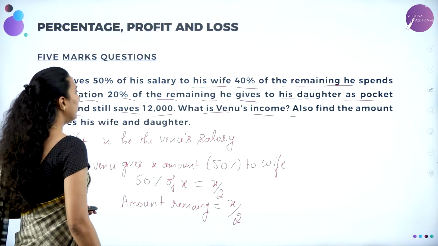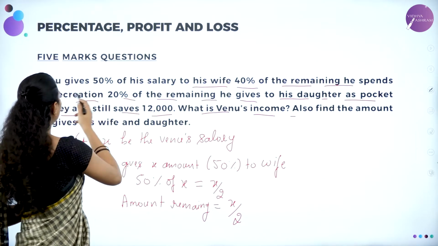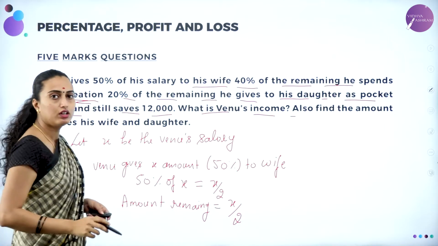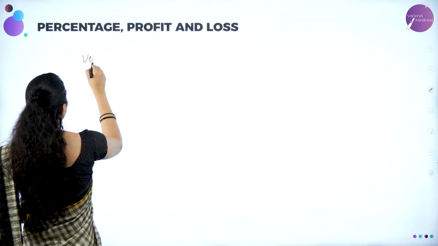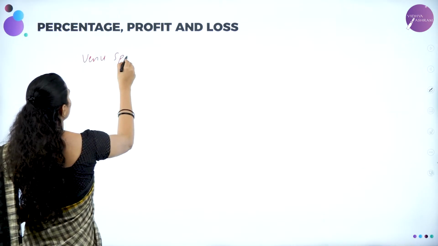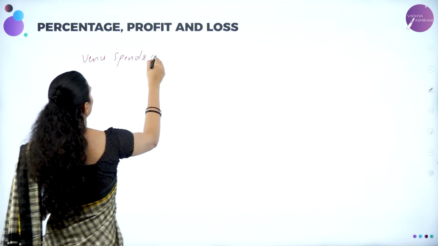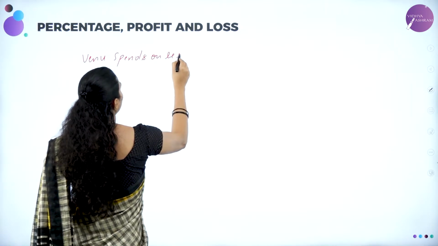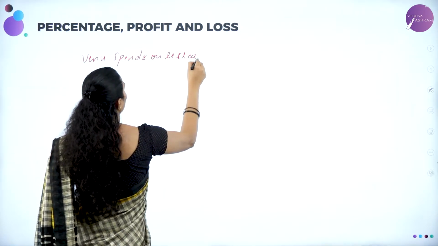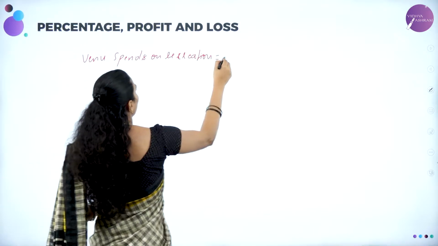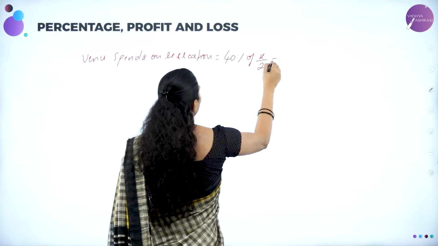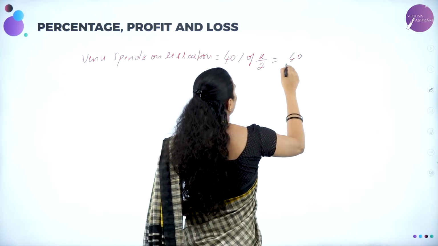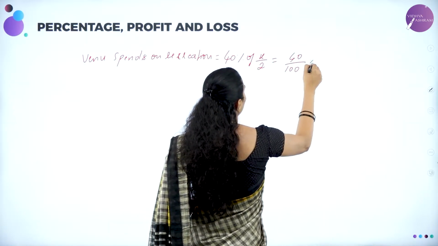And what is he going to do? 40% he spends on recreation. 40% of what? X by 2. So Venu spends on recreation 40% of x by 2, which is 40 divided by 100 into x by 2.